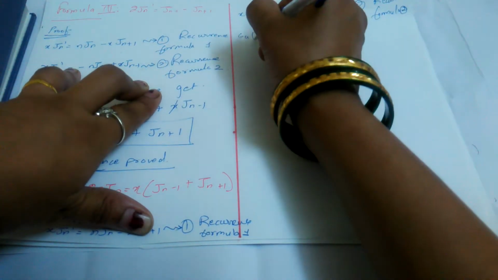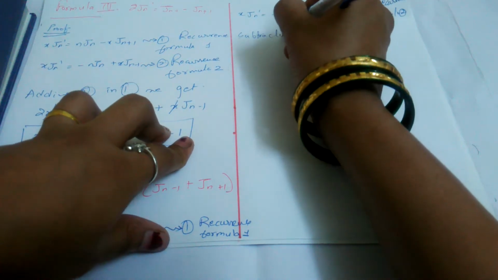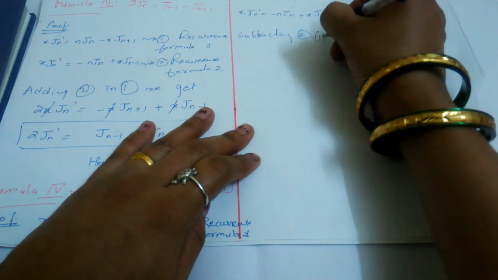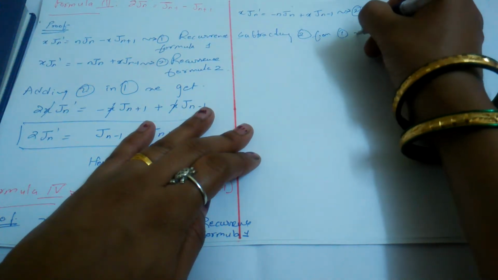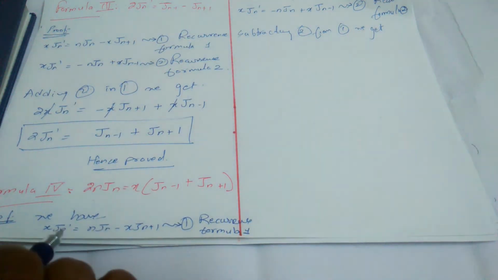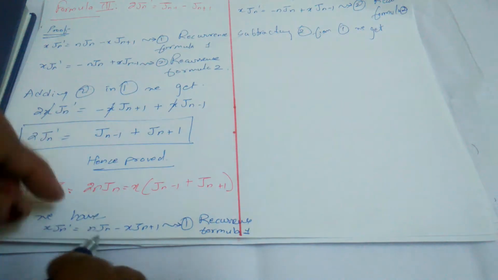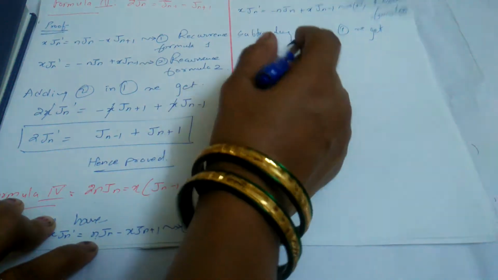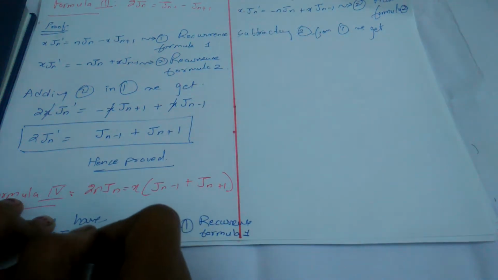So as I told you, subtracting 2 from 1, we get this. As you can see, this is x Jn dash, this is x Jn dash, so both those terms will get cancelled out. This term is positive, this term is negative. It is 2 from 1, so this will become minus.